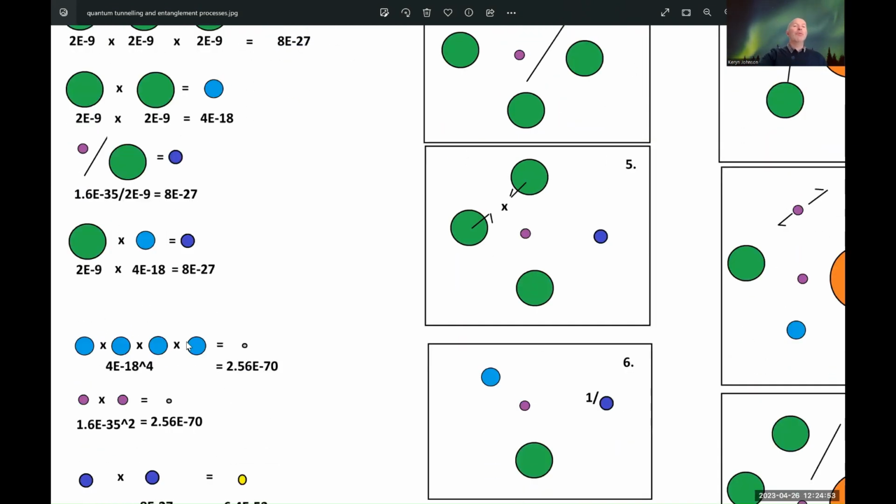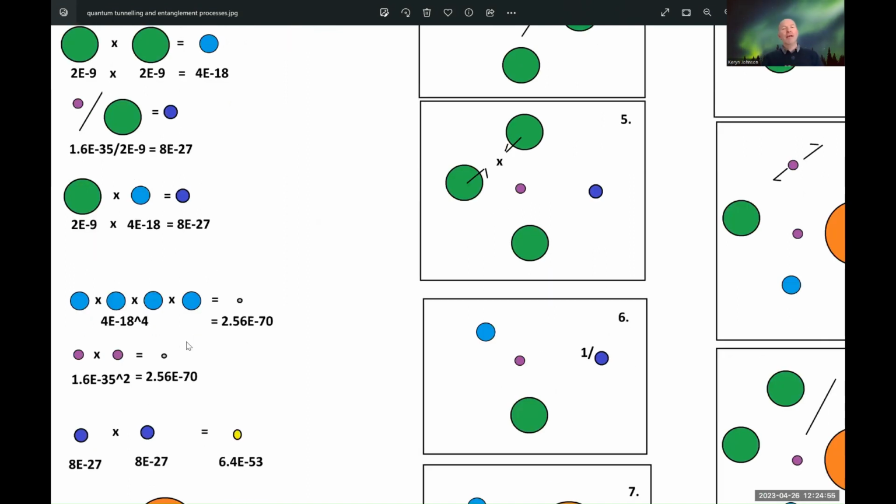Okay, so if you multiply 4 of the 4e to the negative 18 together, you get 2.56e to the negative 70, which is essentially a doubling of the singularities. If we think about the division of a cell in replication or proliferation, we go from one parent cell to 2 daughter cells.